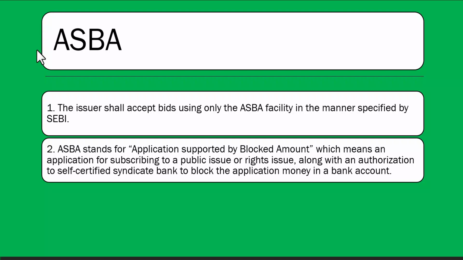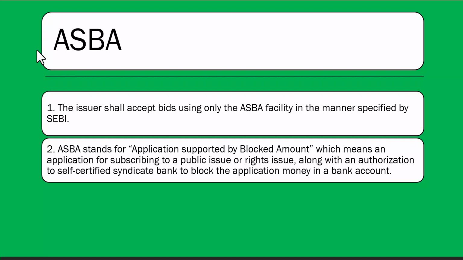Earlier you were giving cheques to the company, and they were depositing them in their escrow account. The account is called escrow because the company can't take any money out of it till the issue has complied with all the formalities. Then the money gets transferred from the escrow account to the company's main account, and they can use that money for the purposes for which they came up with the IPO.